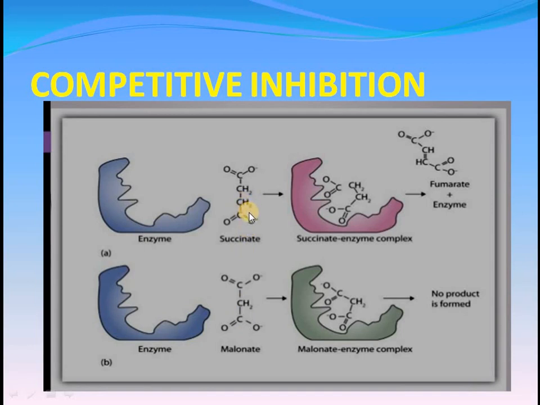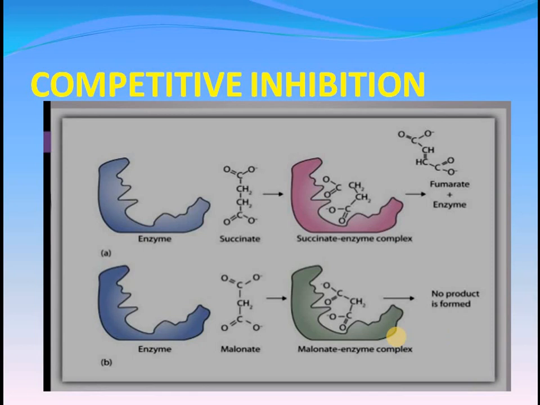To some extent this malonate is similar to succinate, but it cannot substitute the succinate. So when malonate combines with this enzyme, it forms the malonate enzyme complex. But as this is not the exact reactant, no product is formed.